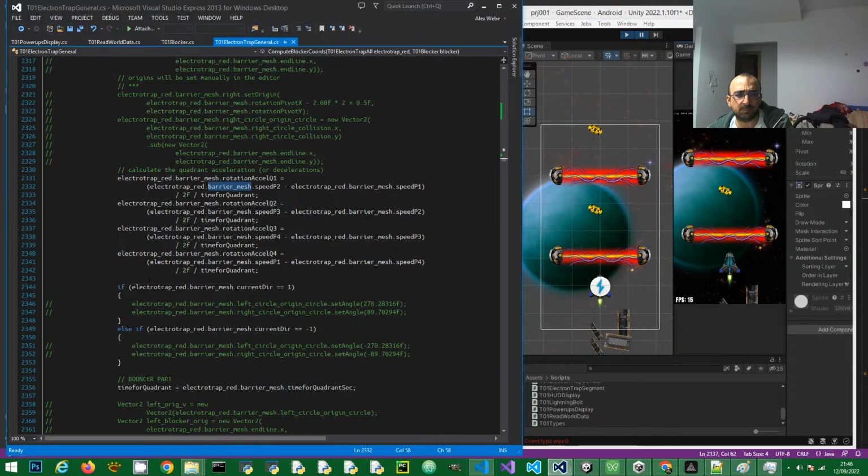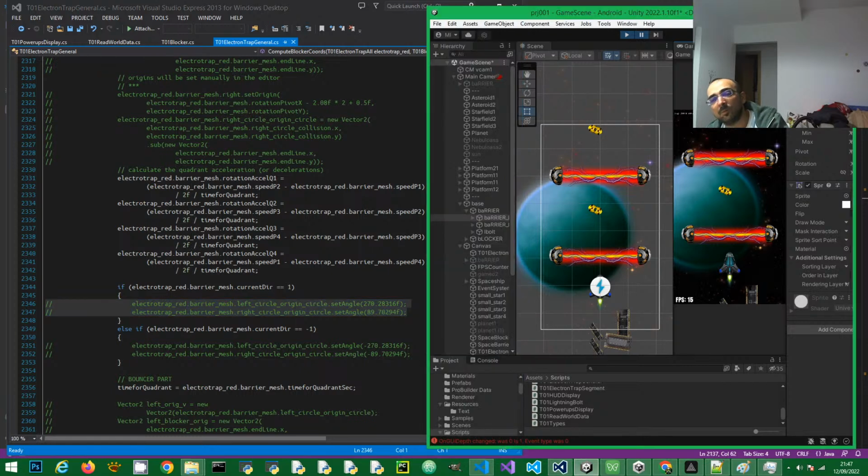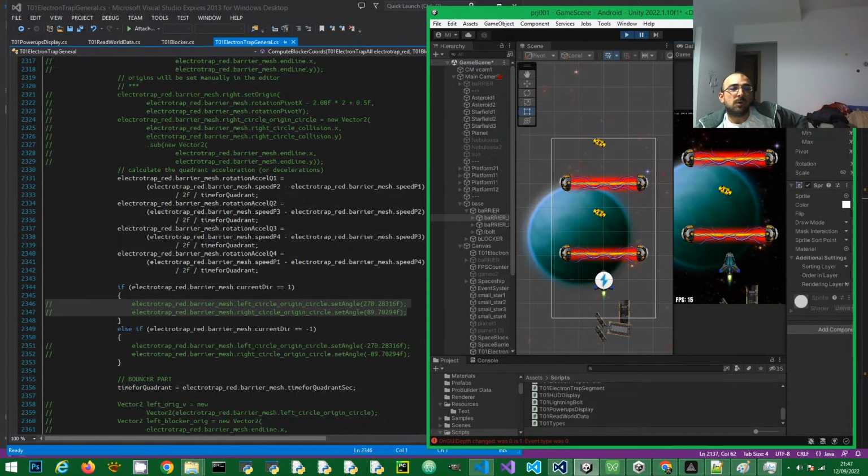Current direction. Left circle origins. These used to be the collider circles, but since Unity has the colliders already set up in the editor, we don't need these anymore.